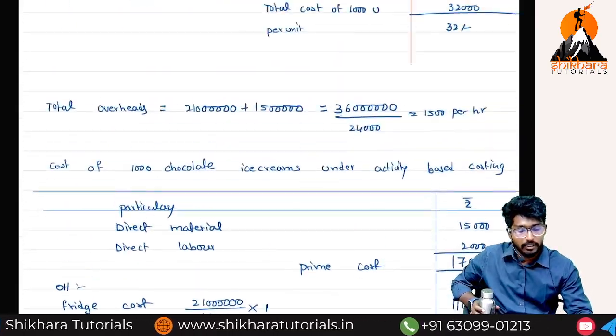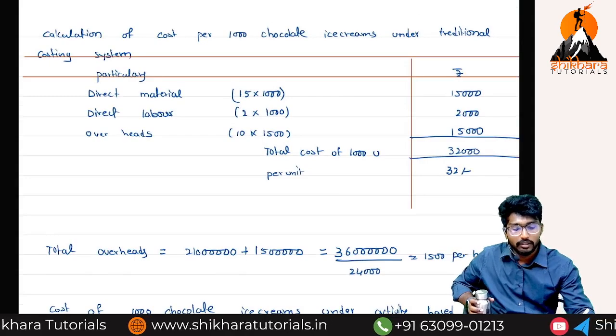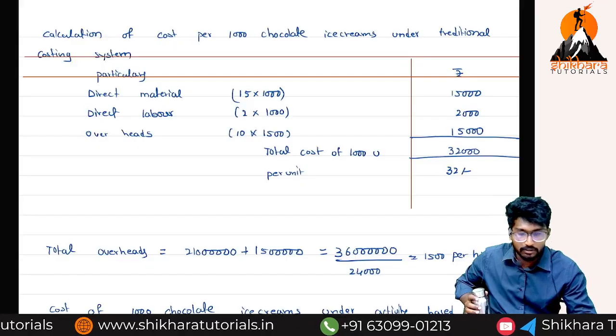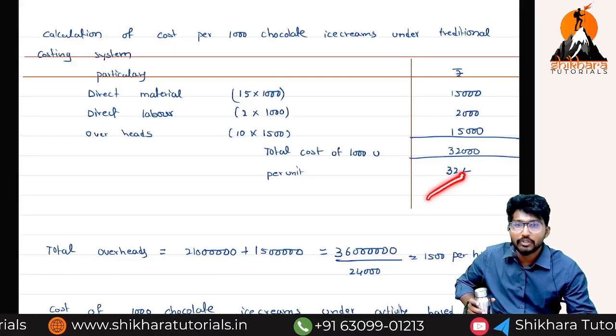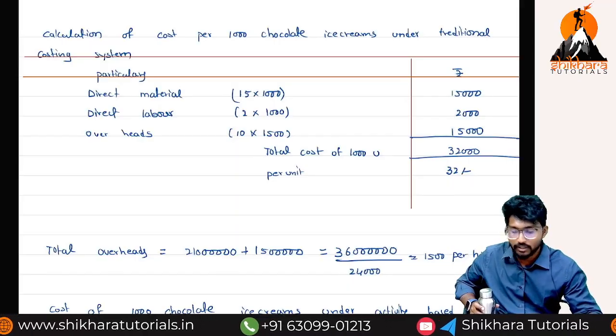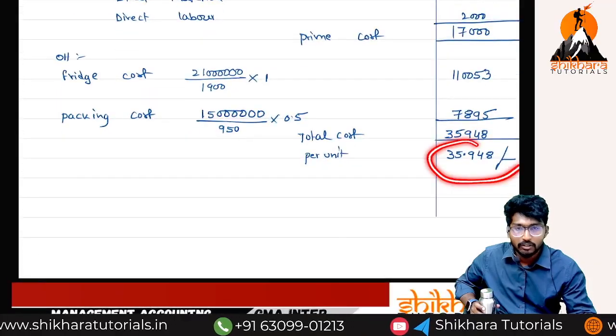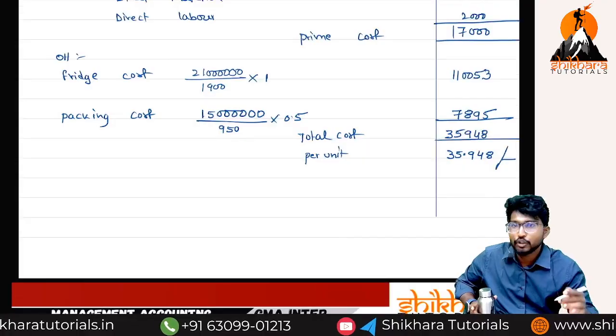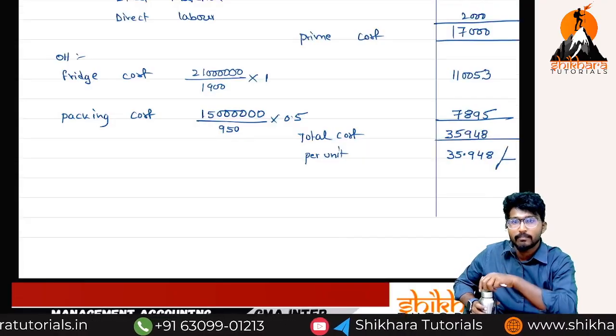If you follow the traditional costing system, your cost is 32. If you take this as a base, you may put the price like 34 or 35, but the actual cost is how much? You are incurring 35 rupees. It will push you into losses.